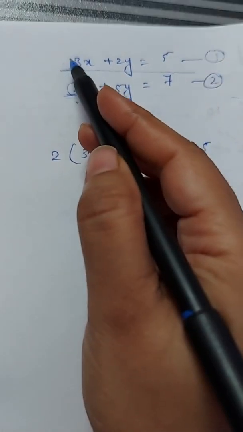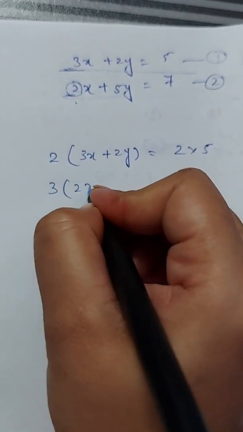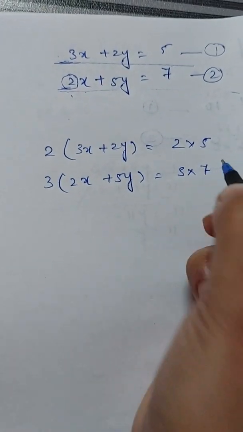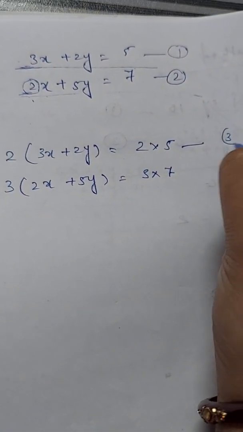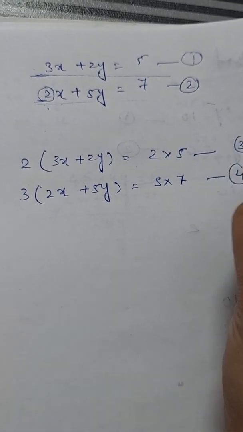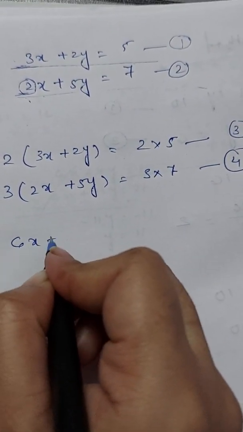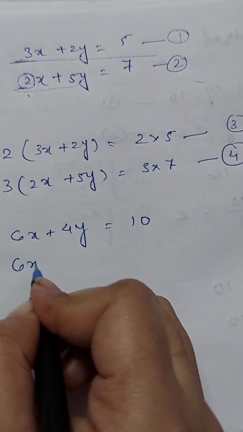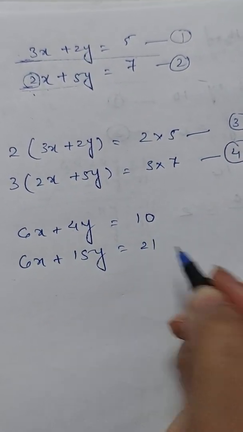Similarly, by 3 in equation number 2, 3 into 2x plus 5y is equal to 3 into 7. Let us denote this as equation number 3 and this is equation number 4. This will become 6x plus 4y is equal to 10 and 6x plus 15y is equal to 21.